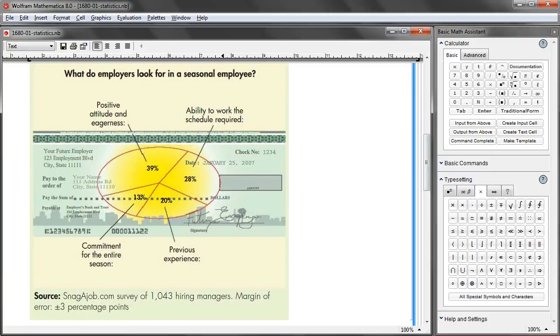Now things will become a little bit more interesting. Snagajob.com survey of 1,043 hiring managers. Margin of error is plus or minus 3 percentage points. The last one, margin of error, how is that coming? That is actually coming from a kind of computation, and that's what the inferential statistics is all about.